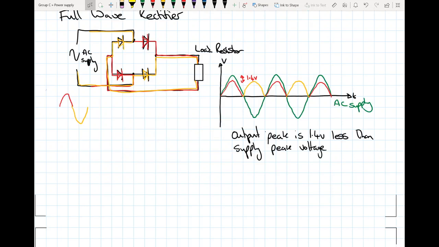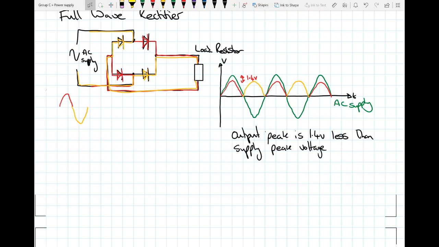Okay, so this will be a good time to talk about RMS and peak. Now, most power supplies are quoted with the RMS value. However, for us to do any calculations, we need to convert that RMS value into peak. Now, what is RMS?